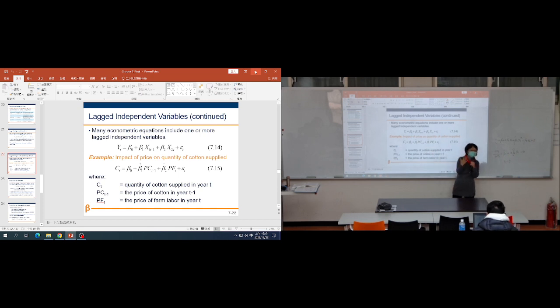So in time series data, not only the lags in X, but also not only one lag, maybe more than one lags. Okay, do you have any idea, some kind of example shows the lag relationship in X variables and Y variables?